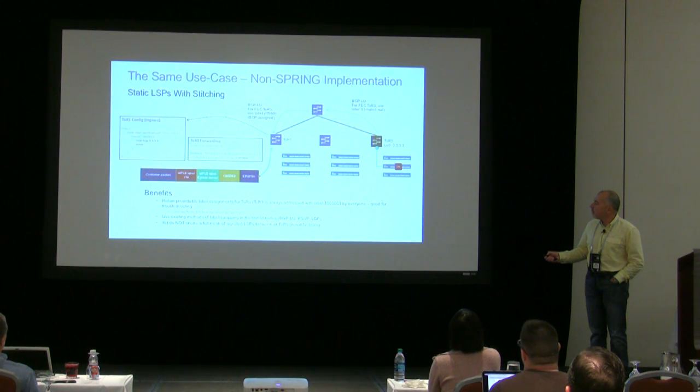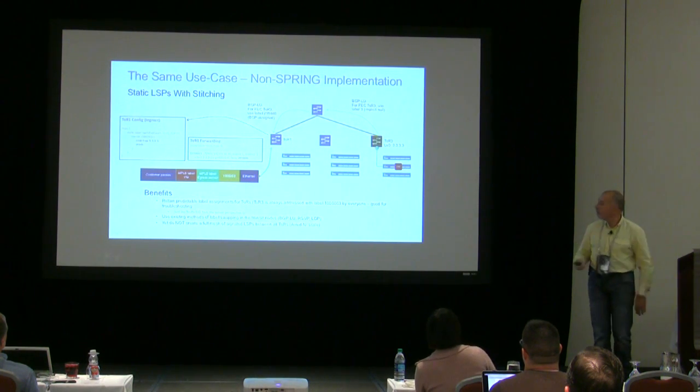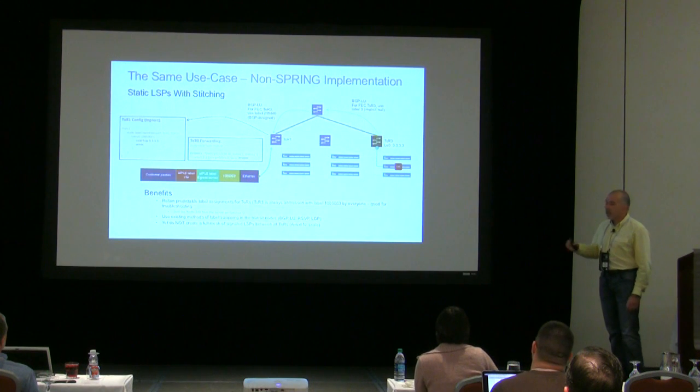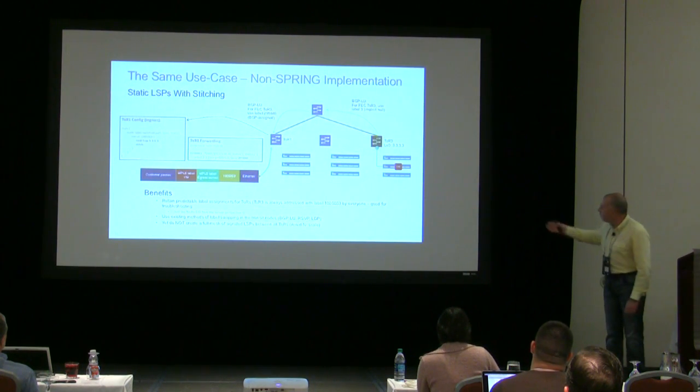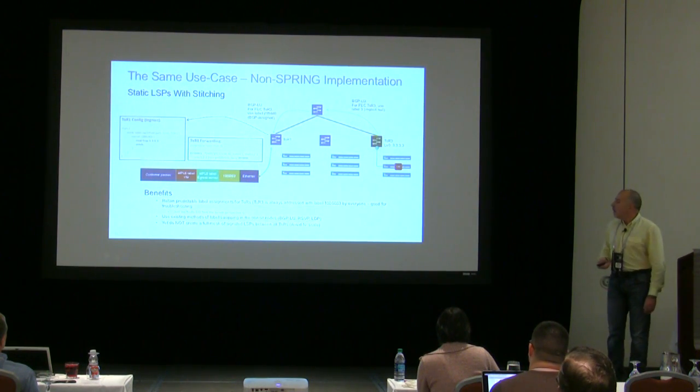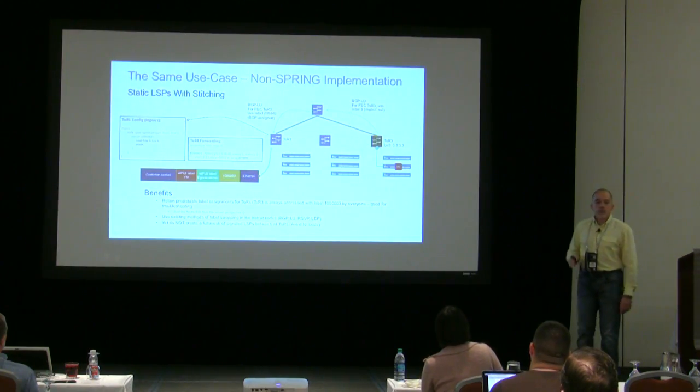Where this construct basically says, if you receive a packet with 1,000,003 on top, so that's what the controller would construct, the next hop for that packet is 3333, which is ToR3. And I want you to stitch that packet to whatever labeled path is available to you. In this case, it's BGP labeled unicast, could have been LDP, could even have been RSVP.